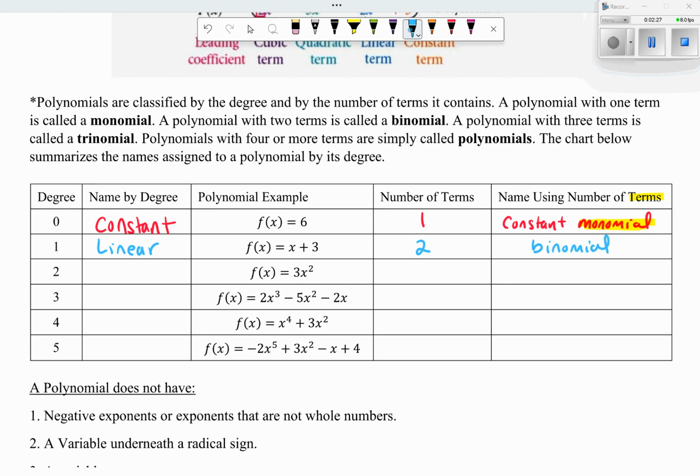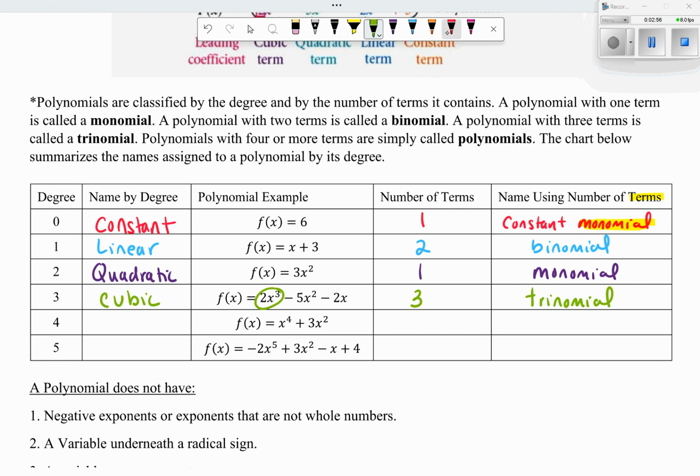The next one has a degree of 2, so this is quadratic. And there's one term, so it's a quadratic monomial. The next one we have, the highest power of x is to the third power, so this is cubic. And there are three terms, so this is called a cubic trinomial.